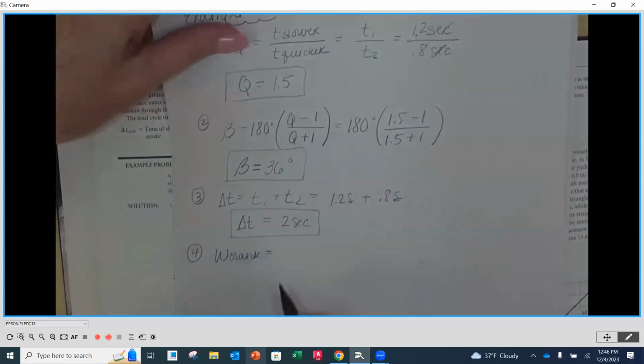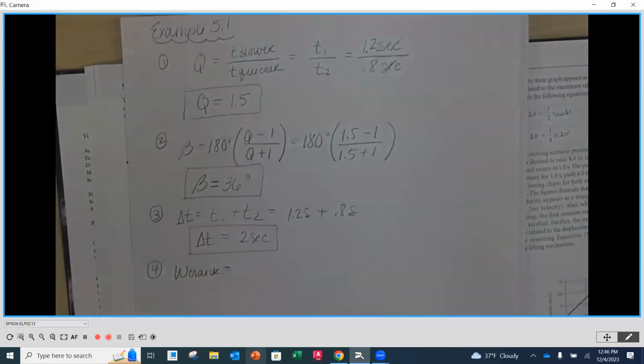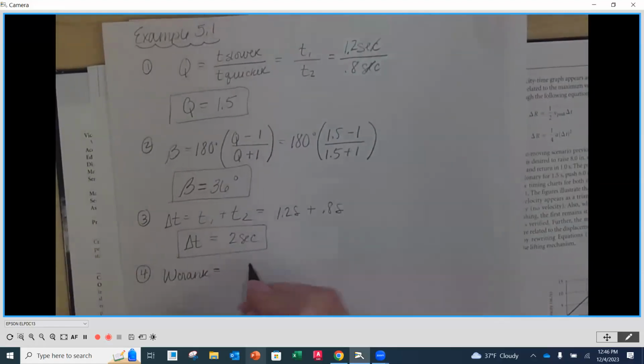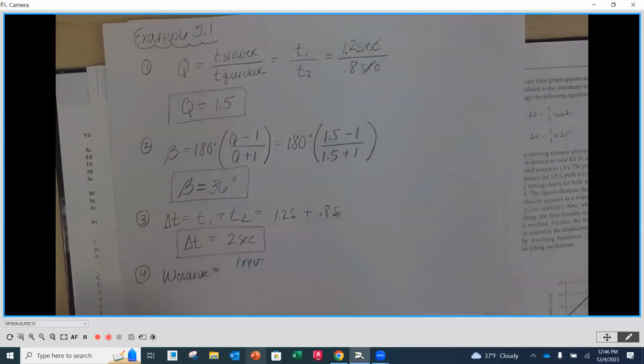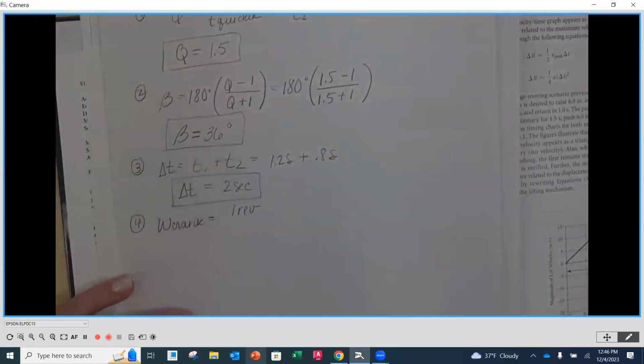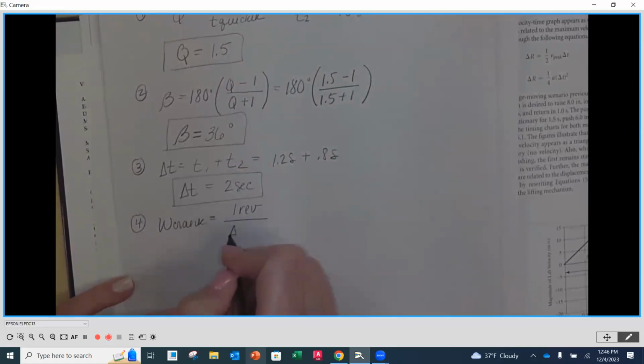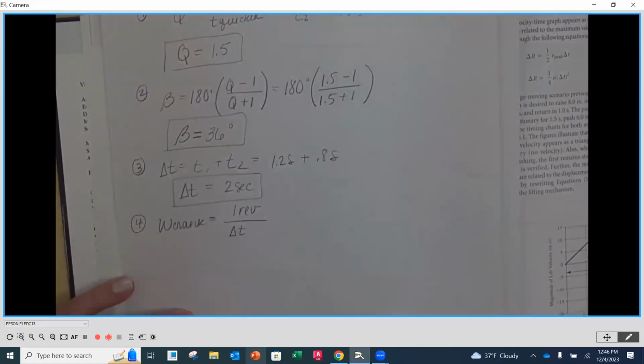So if I go to number 4 here, my W of my crank is going to be equal to, now I'm not crazy about the way that they write that out, but I think a more clear way is that we leave 1 revolution on top, because our motion is 1 revolution of our crank in order to do the 1 cycle that we desire, divided by the change in time. So if the change in time is the 2 seconds, that goes underneath here.